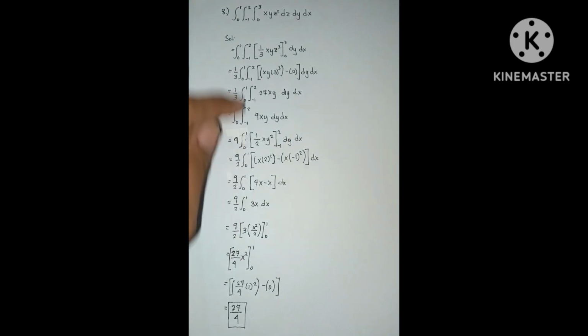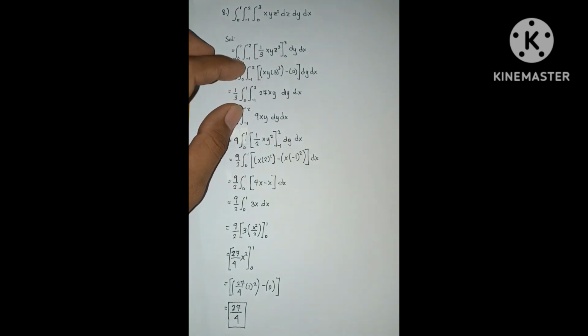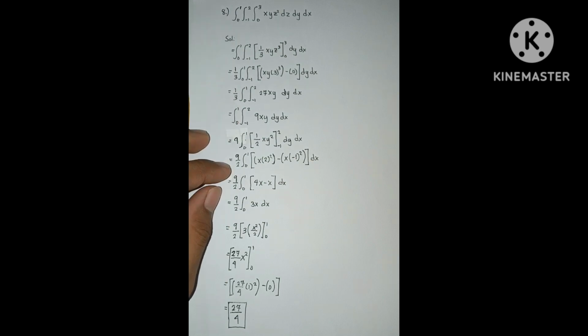Next is same here in our value of our z. So we're just going to multiply the 9 and 1/2. So we have 9 over 2. So we have the integral of 0 to 1.